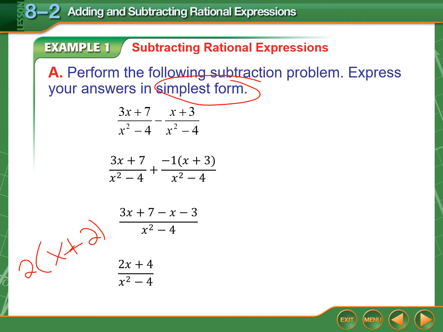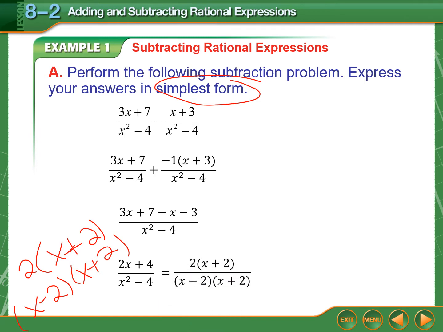We know that's a difference of squares, and at this point, you should be able to see a difference of squares immediately and know what it is. So let's write that out and simplify the x plus 2 over x plus 2. That turns into 1. And so that is my answer, 2 over x minus 2. So we'll leave that as an answer.